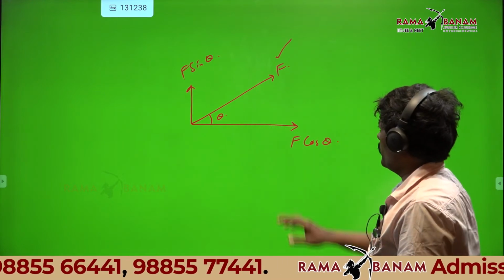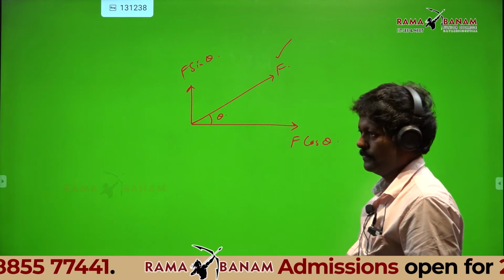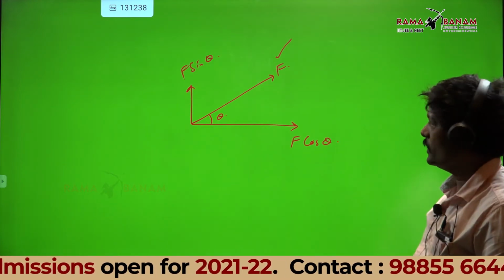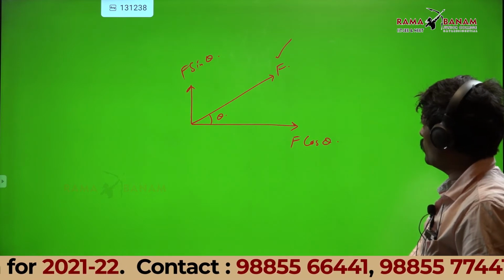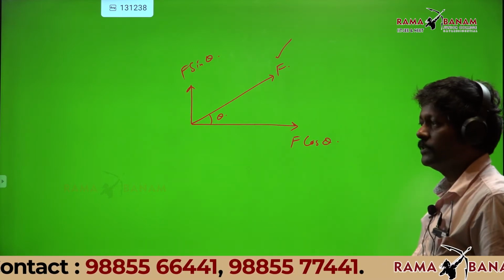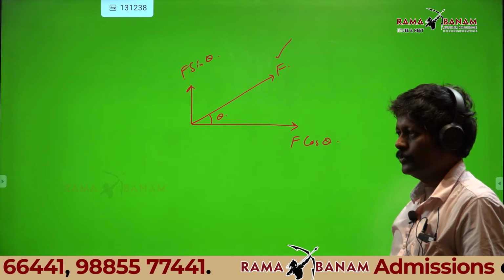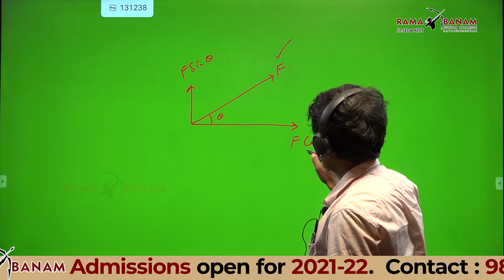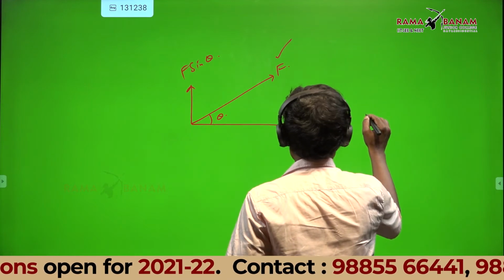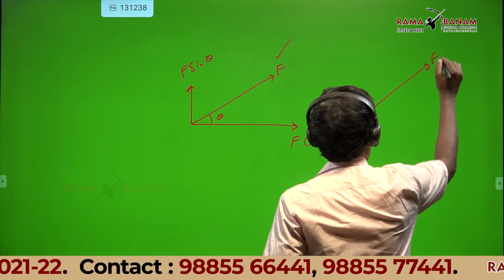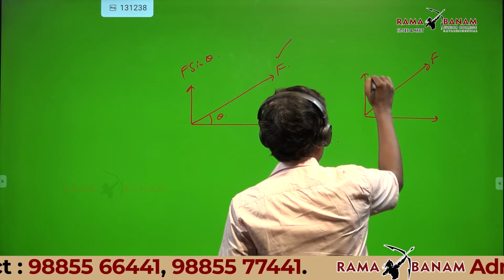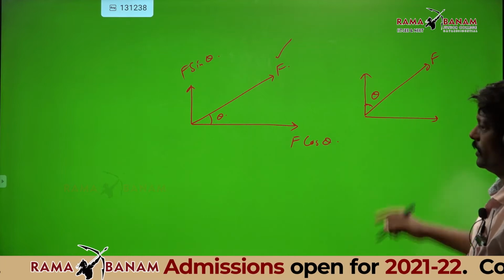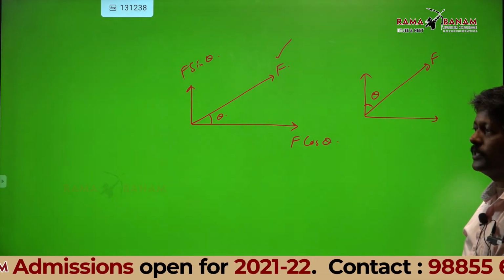So if I do not want to take the original force, I have to take the components. If you take the components, you do not have to take the original force. So actually I am splitting this F into two parts, F cos theta, F sin theta. Now look at this here, this is F, these are the components, this is theta. Where you have theta, that component will be cos term.